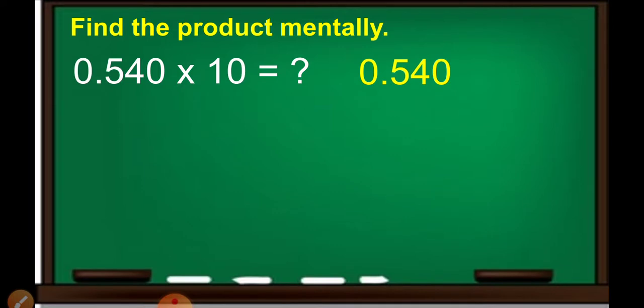5.40. Okay, why 5.40? Because we move the decimal point one place to the right. The given power of 10 is 10, so there is 1 zero in 10. So you will move the decimal point to the right one place.